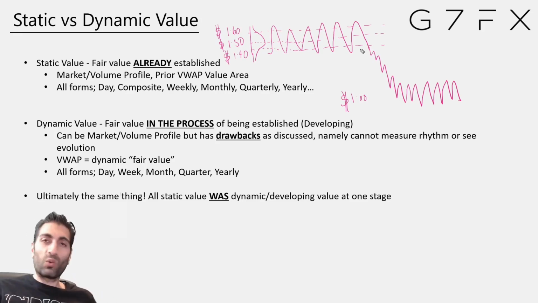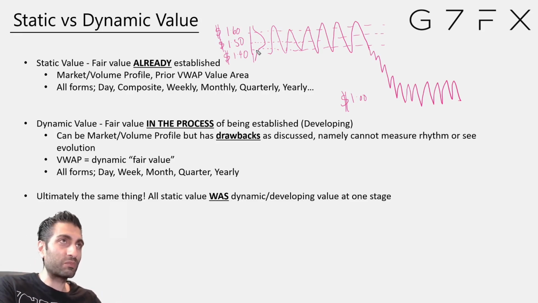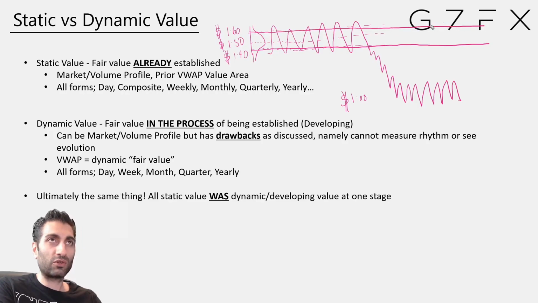Guys, can you see all you were doing when you were drawing composites, right, is basically this is what you were doing. And there's the edge of the price chart. Guys, that is all you've been doing. It's amazing, right?